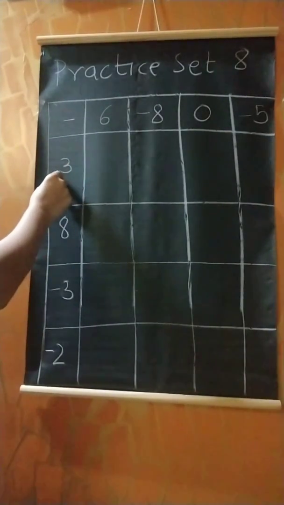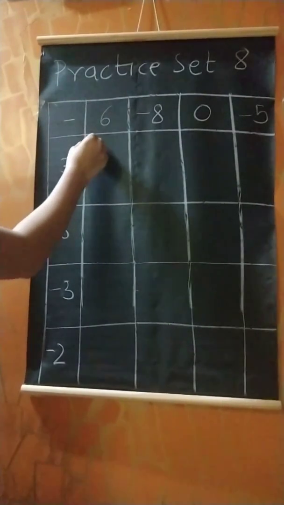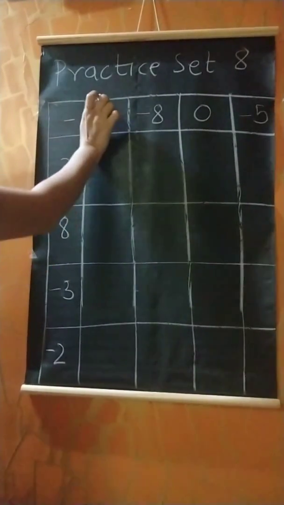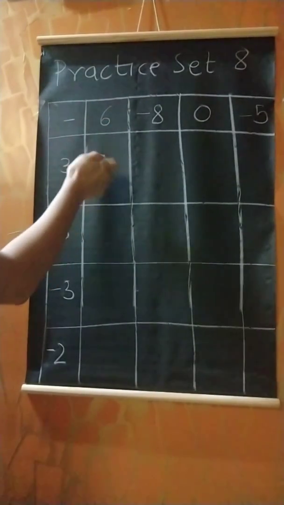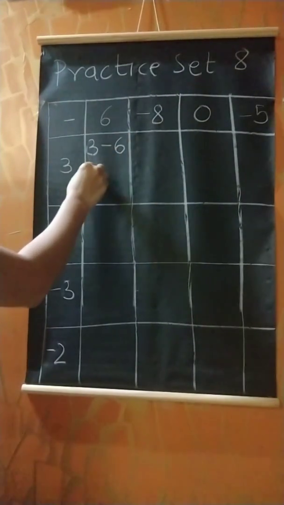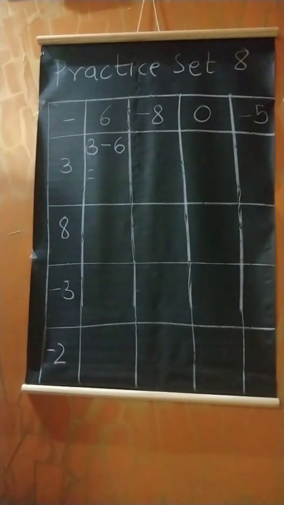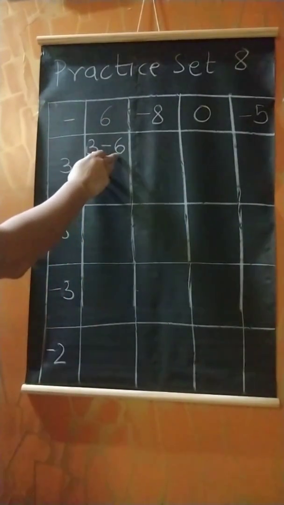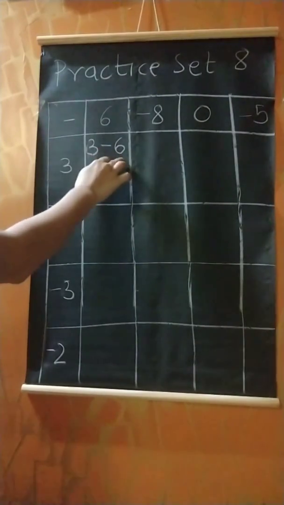Now see, 3 minus 6. Here this 6 has a plus sign, so this plus sign will become minus, and it is 3 and minus 6.